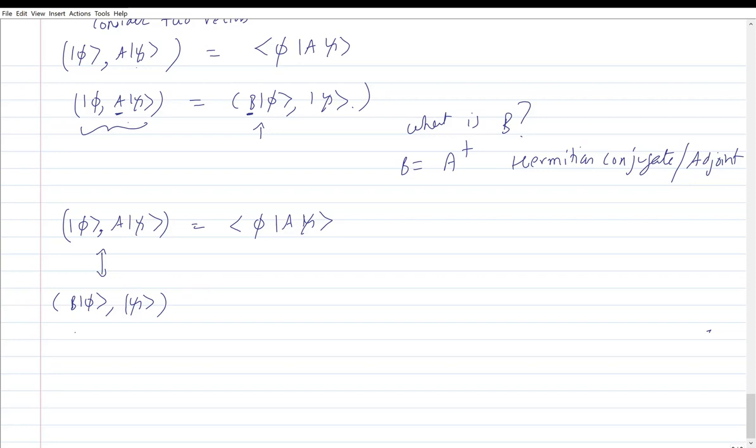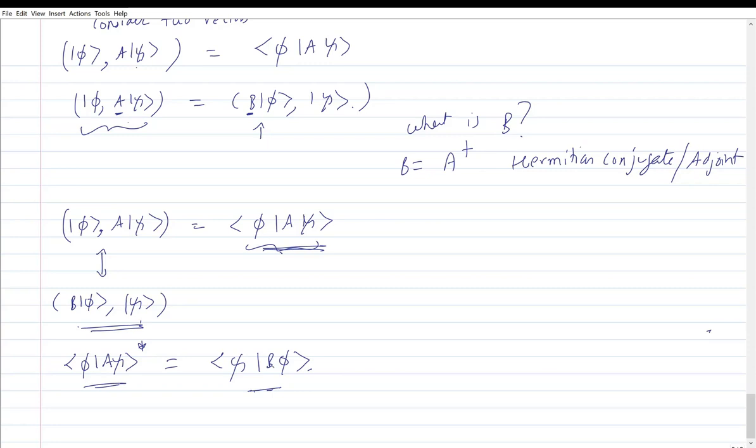So by definition, this inner product is equal to this inner product. This is just trivial mathematics. The goal over here is to just evaluate B. So what I did was this inner product, the complex conjugate of this inner product is this guy, which should be equal to this guy, the complex conjugate of this inner product.